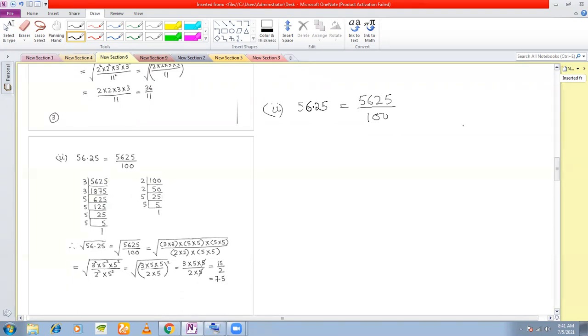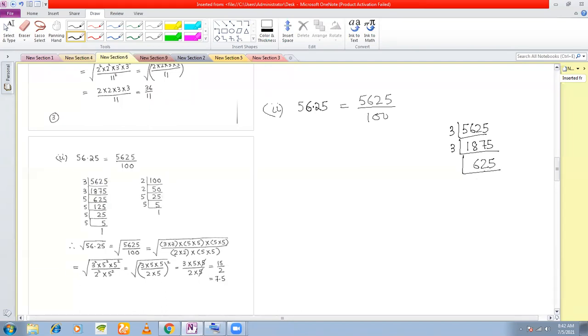Now our next task is to prime factorize 5625. We will divide this by the lowest prime factor. Although it looks like we can divide by 5 first, we'll check by 2, which you cannot divide by. Then we check by 3. You can divide by 3 to get 1875, and again 1875 can be divided by 3 to get 625.